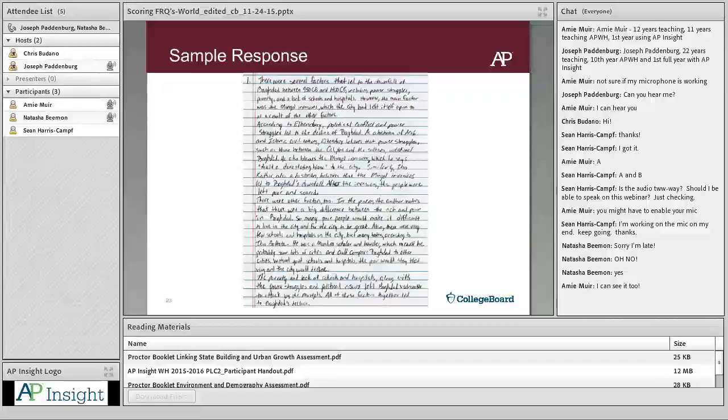Now, the original documents that go with this DBQ, are they in this packet that we received? You should have them. They should be in the Proctor page.